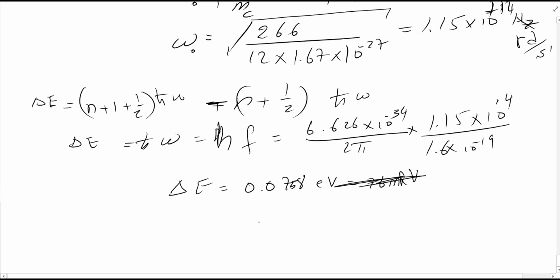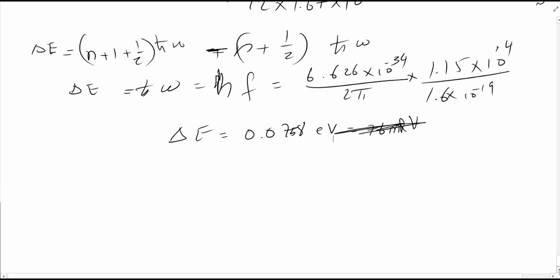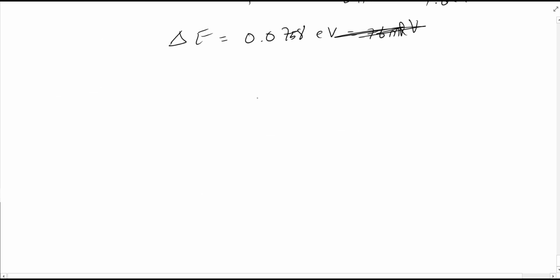Hopefully you guys follow. What is the wavelength corresponding to this radiation? Well, since we found omega, now we should be able to find lambda, since we can find f from it. Remember, c is equal to lambda f.